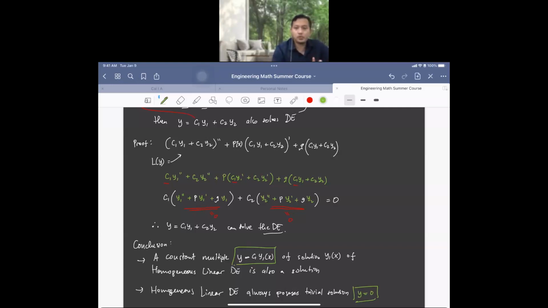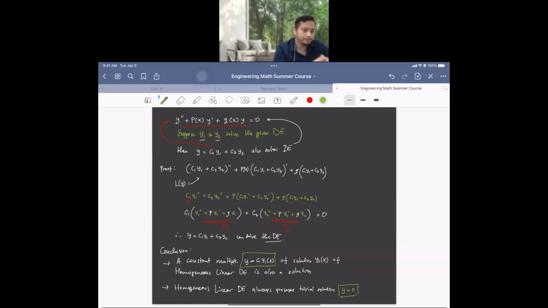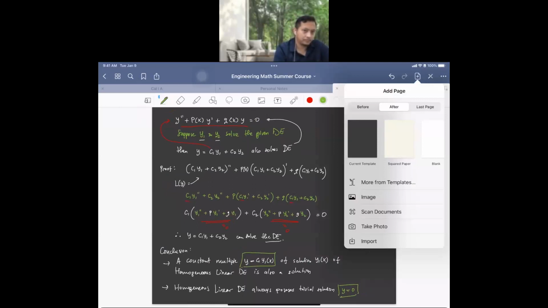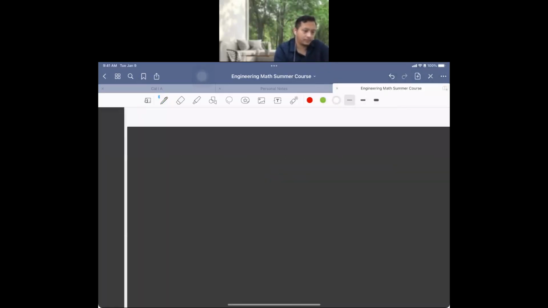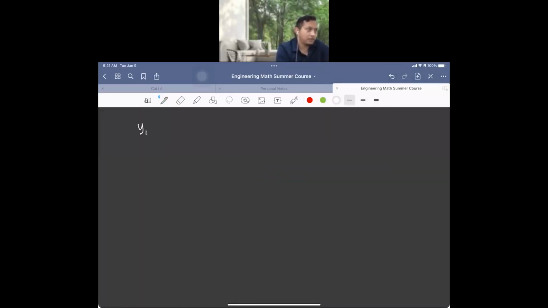Let me give you a more practical example of what the superposition means. Let's say y1 is x squared, y2 is x squared ln x.